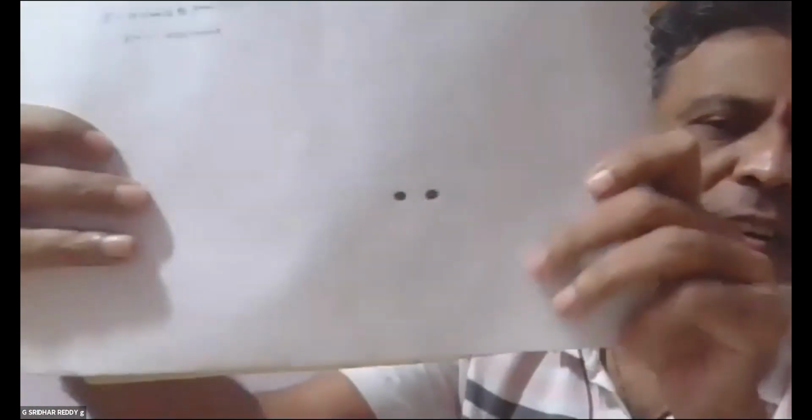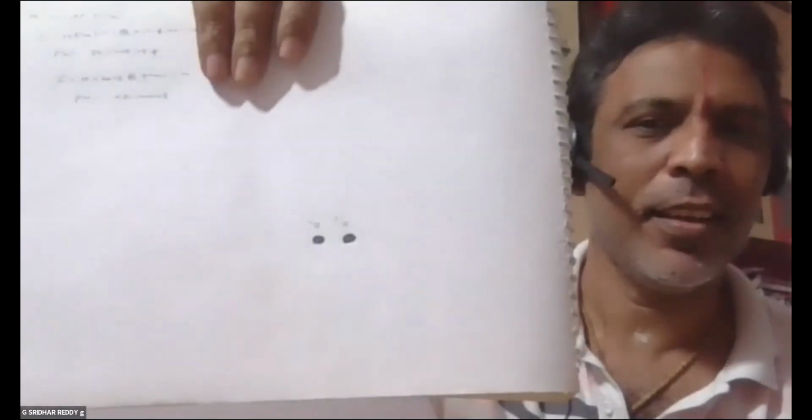Now, are you able to see the two dots? I think everyone is able to see the dots. We'll give them the names O1 and O2. No, this is O1 and O2. I think two dots you are able to visualize. Everyone says yes, sir.